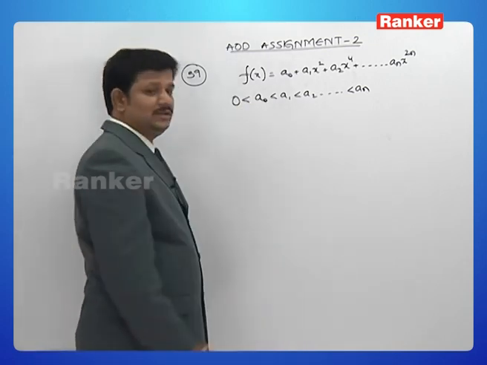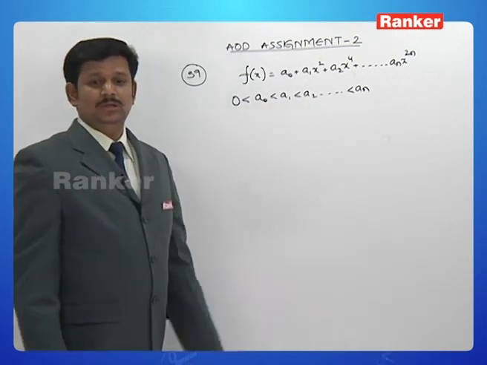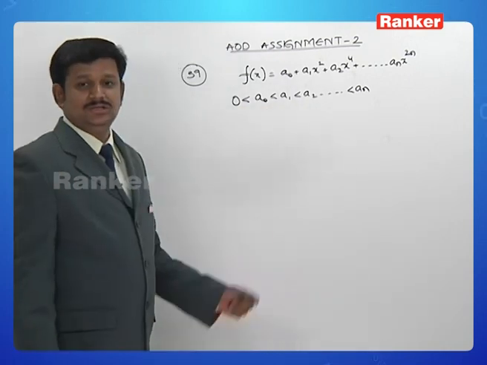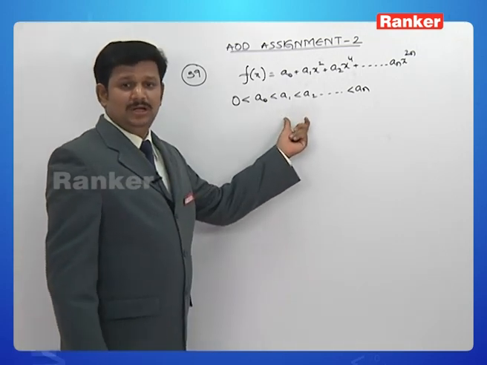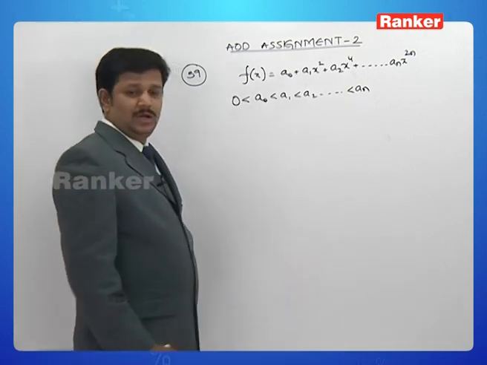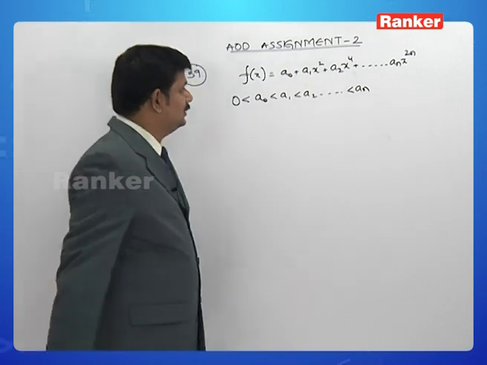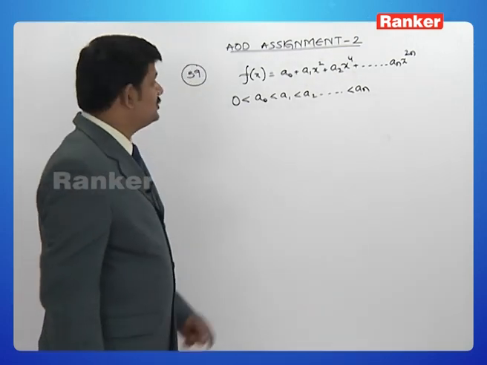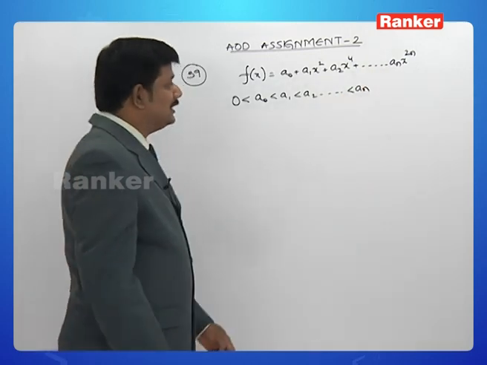So a0, a1, a2, so on, they are all greater than 0. Then we need to discuss if f of x has a maxima or a minima, or if it is only one maximum, one minimum, or neither maximum nor minimum. So we need to discuss maxima minima of the function f of x is equal to a0 plus a1 x square plus a2 x power 4 so on up to an x power 2n.